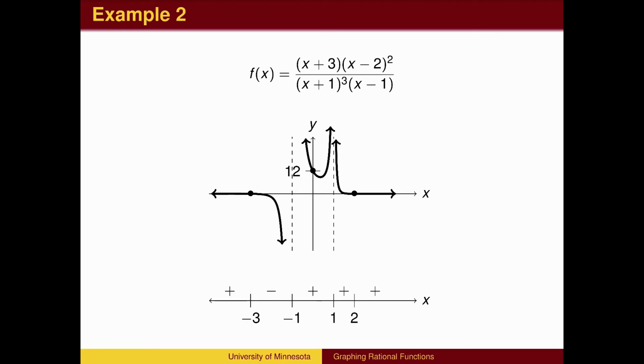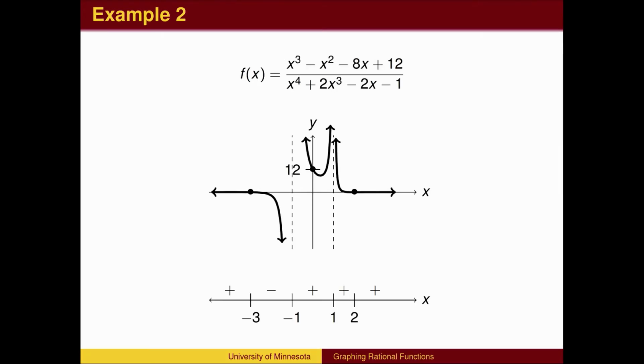Here is a similar example. All that has changed is the powers on two of the factors. The graph will now have a y-intercept of 12 and the same x-intercepts and vertical asymptotes as before, and the same intervals on which it is positive and negative. Let's take a closer look at the end behavior. It's easiest to do so using the expanded form.